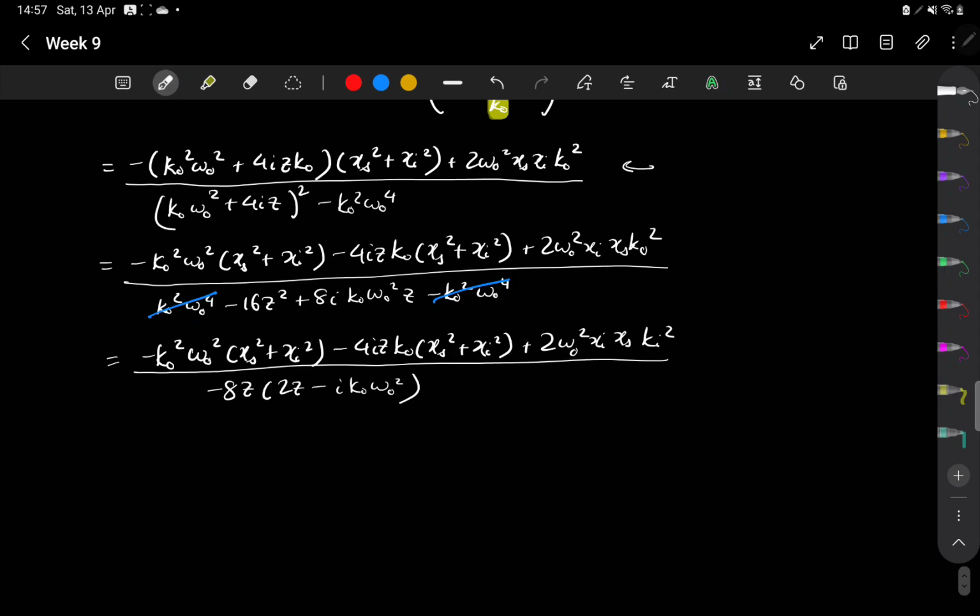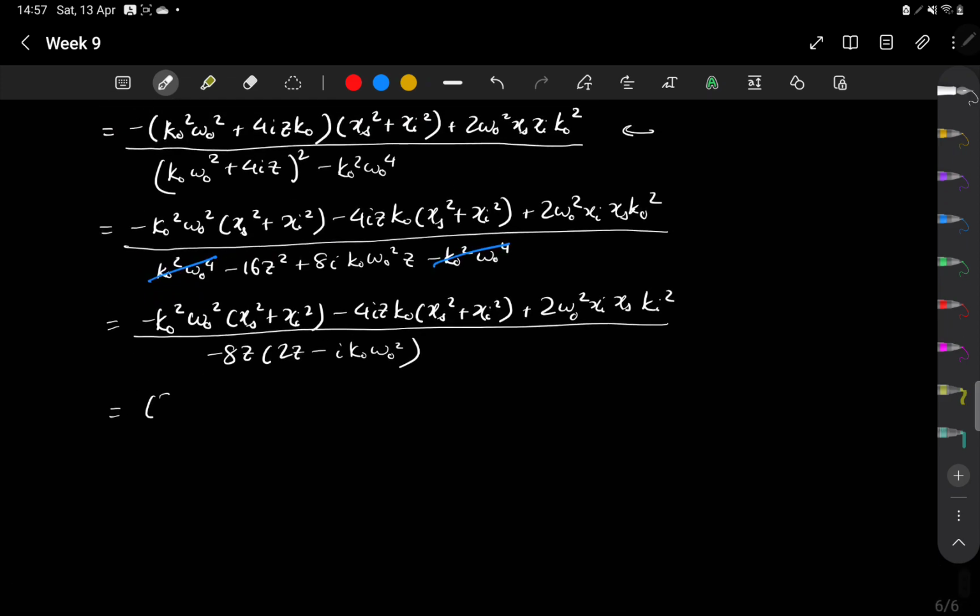Okay, now taking some terms common. So sorry, now just doing this rationalization by multiplying numerator and denominator by the complex conjugate.